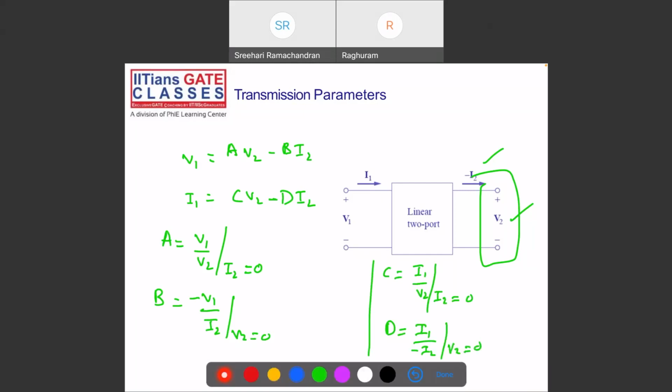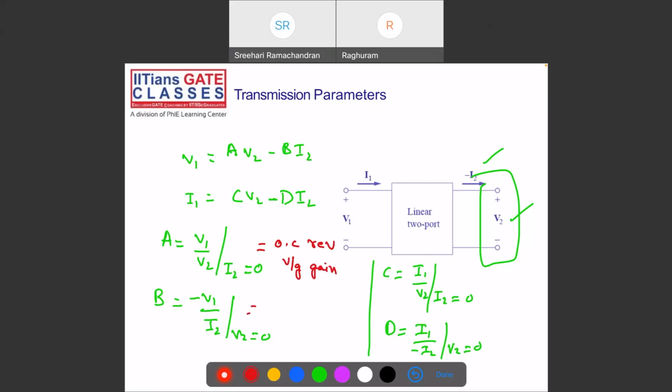So let's name these. A is voltage gain, or reverse voltage gain: current 0 is open circuit, so open circuit reverse voltage gain. B is V1 by I2, voltage by current, which is impedance, so transfer impedance.